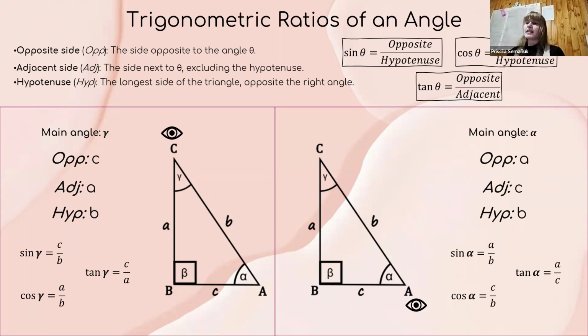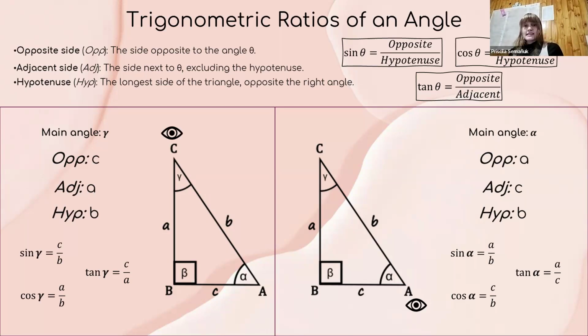So if I am standing here in the uppercase C, I'm going to be seeing the small c, and that will be my opposite side. So if I'm standing at the big C, my opposite will be the small c.